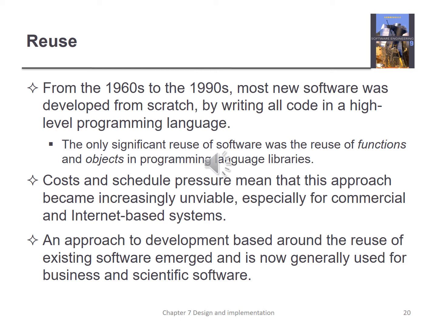Cost and schedule pressure mean that this approach became increasingly unviable. Because of the cost and the pressure to finish the system fast and quick, this option is not really doable. It doesn't seem worth doing.